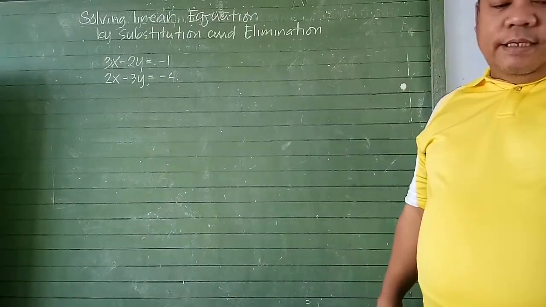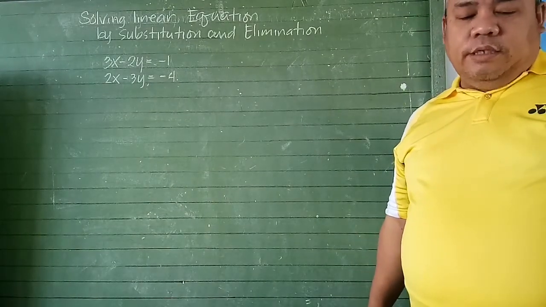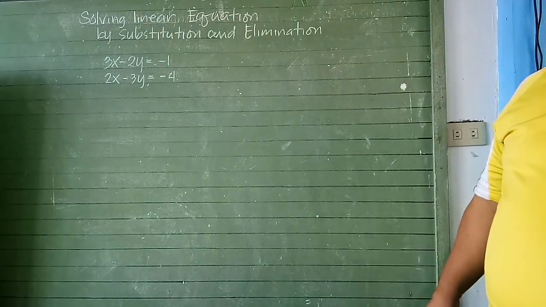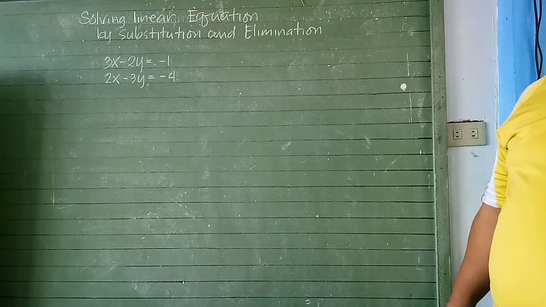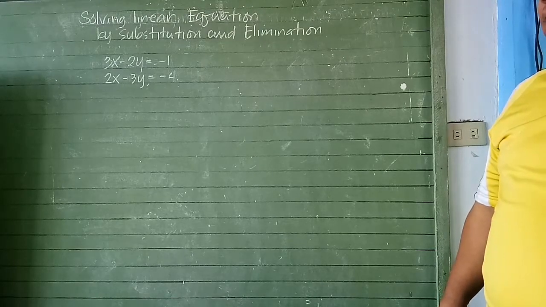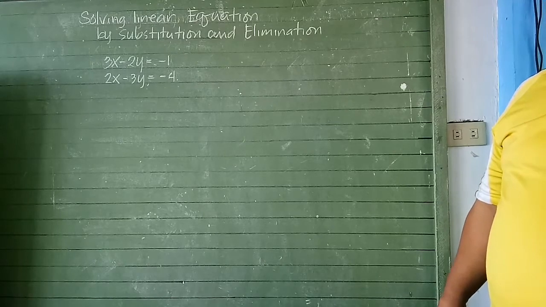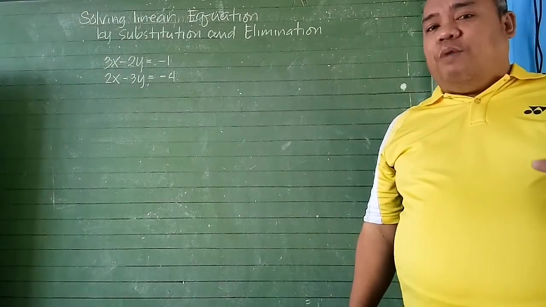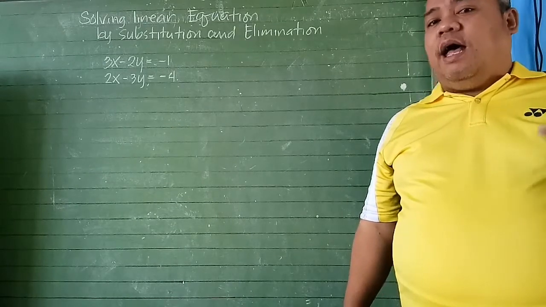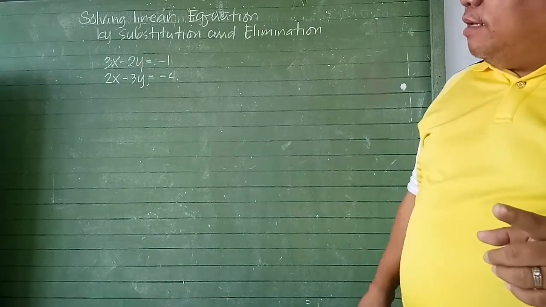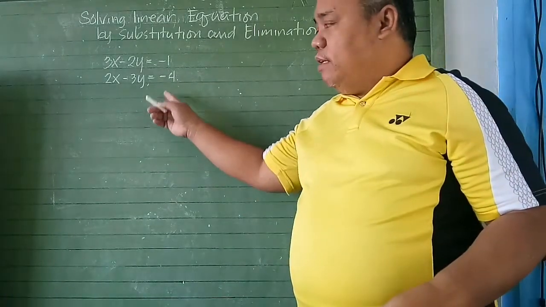Now, let us solve another linear equation by means of elimination. As I said earlier, we solved the previous one by substitution, but this time we cannot apply the substitution method to these two equations because there is no x or y that doesn't have a coefficient. All of them have coefficients.